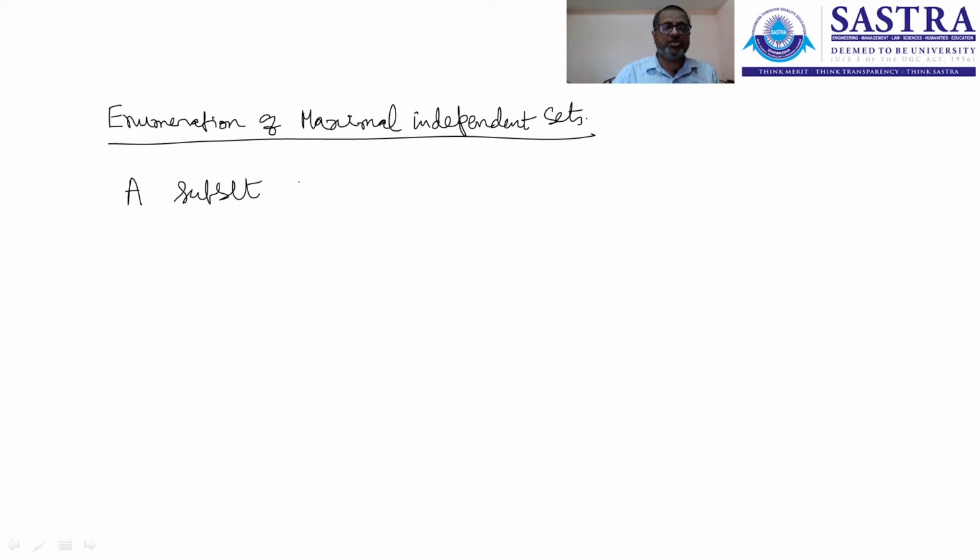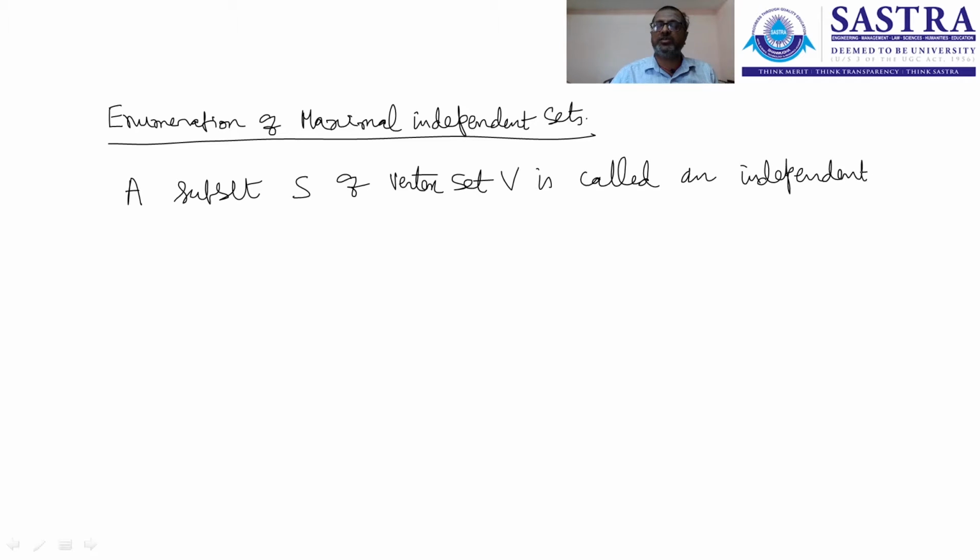So first I will define what is an independent set. A subset S of a vertex set V is called an independent set if any two vertices in S are non-adjacent.